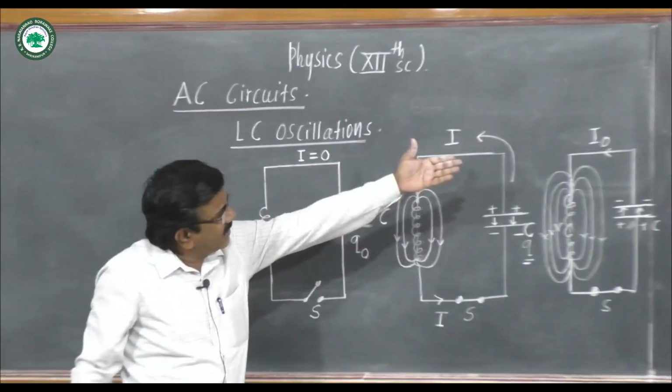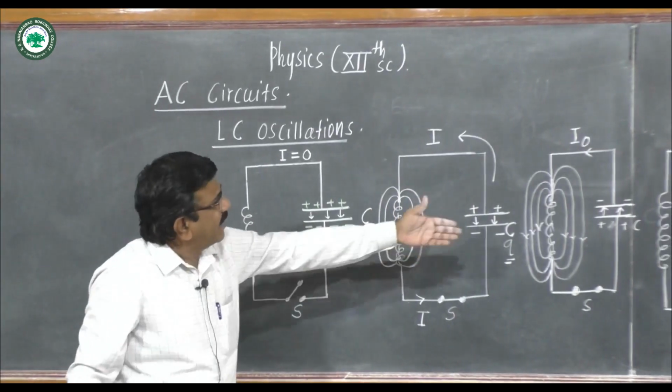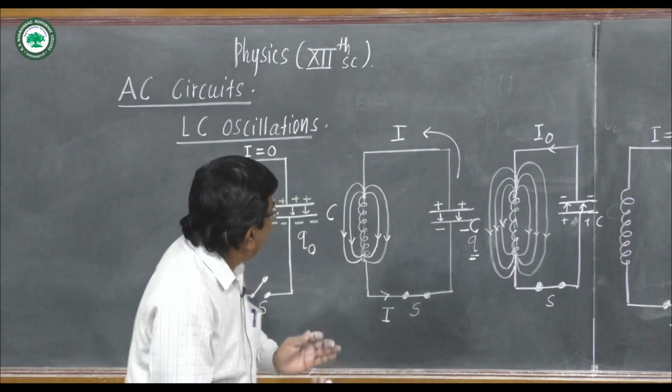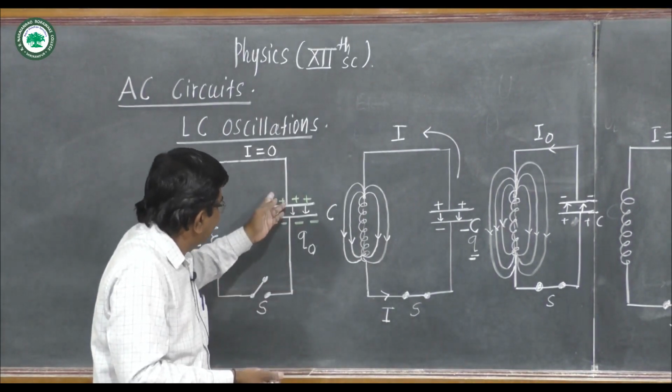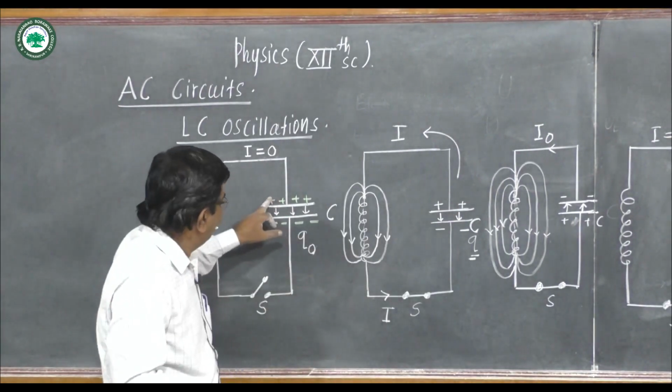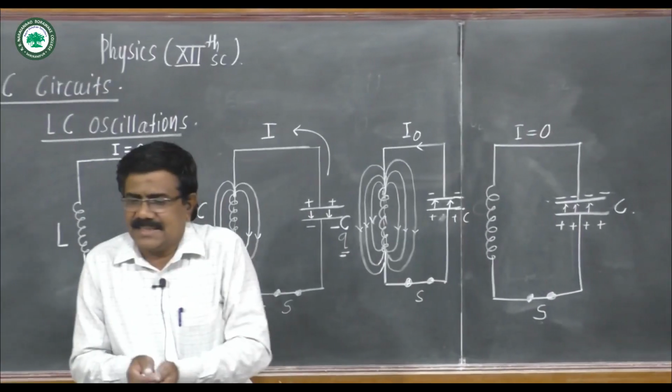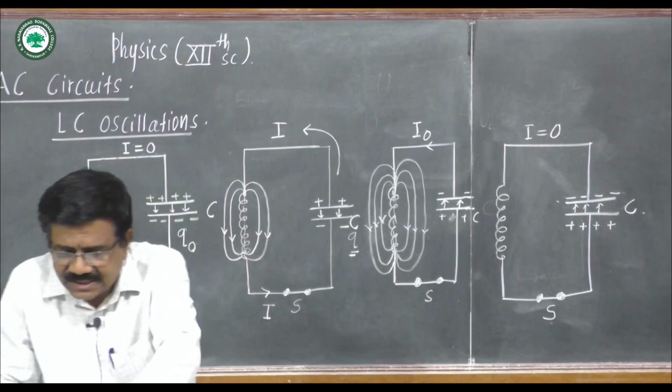Again here the current is 0, and the capacitor is fully charged with the polarity opposite to that figure. See here, plus minus, opposite to the first.